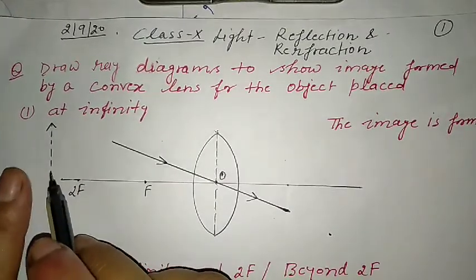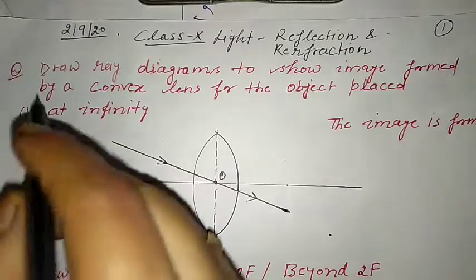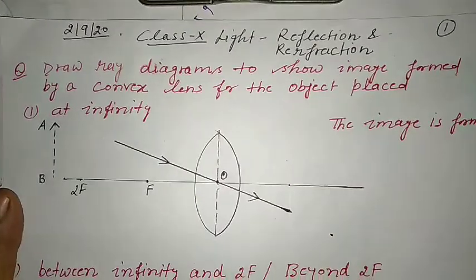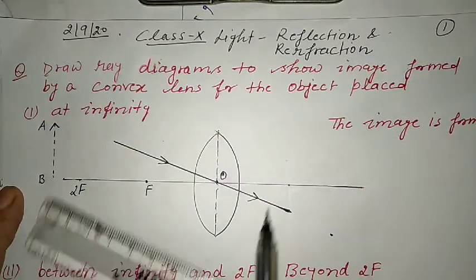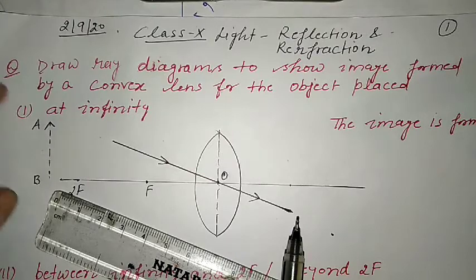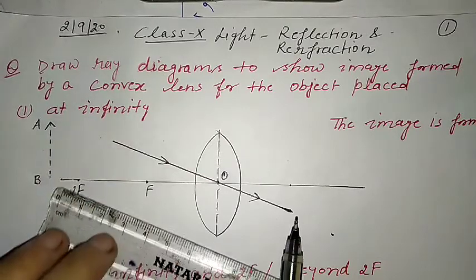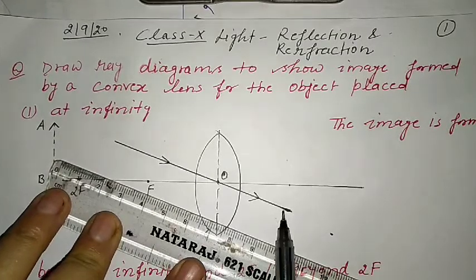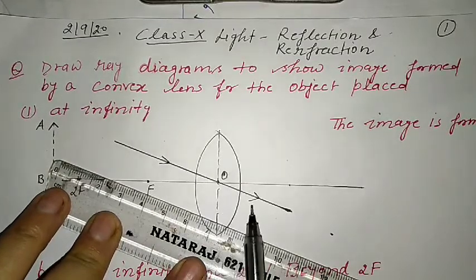The object is placed at infinity. This is the object head and this is the base. So rays are coming. We know that when the object is placed at infinity, rays will come parallel to each other. One ray will pass through the optical center. You know that the ray which passes through the optical center will not refract.